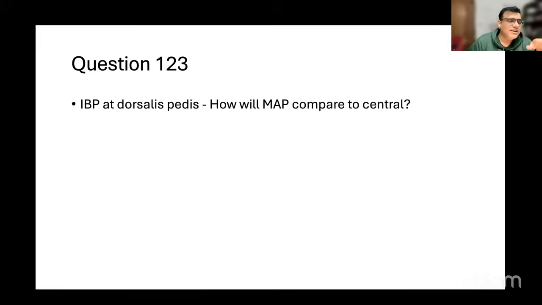As you go peripheral, systolic will be higher and diastolic will be lower, but MAP will stay the same, more or less. Unless it is severe shock or something, in those scenarios MAP might change, but in normal scenarios your MAP will be the same. Increase systolic, reduce diastolic.